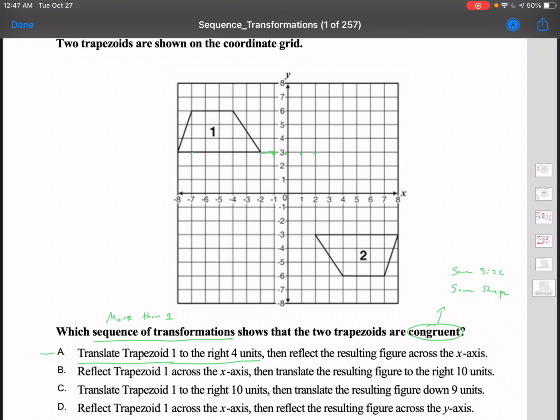And then this would move 1, 2, 3, 4. So there's part of it. And then this would move 1, 2, 3, 4, and then 1, 2, 3, 4. So right here, I'm just going to draw this out.